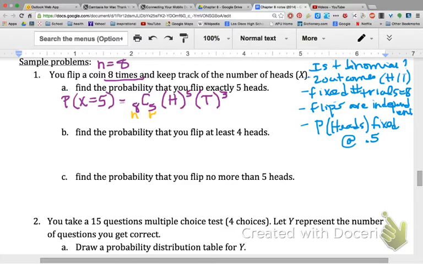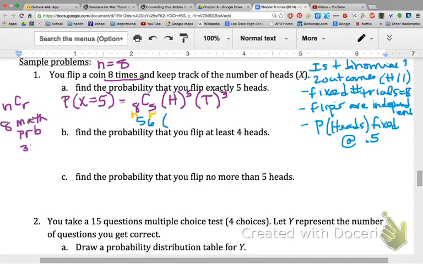If you forgot where nCr is, it's under math. Oh, remember you have to type the 8 first, and then go to math, probability, and it's number 3. And so 8C5 is 56, so I'll write that down. And then I want to substitute in the probabilities.